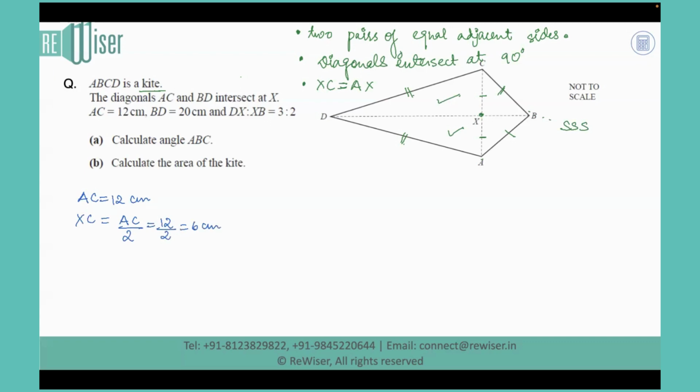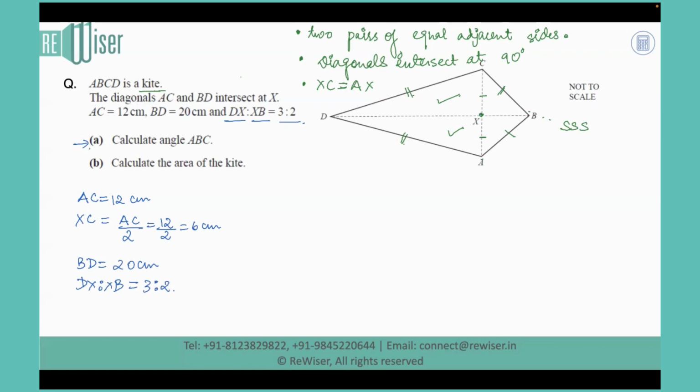Now, we are also given the diagonal BD and its length is 20 centimeter. And the ratio of the lengths DX and XB is 3:2. With that information, we can find both of these lengths, but let's first read this given question.